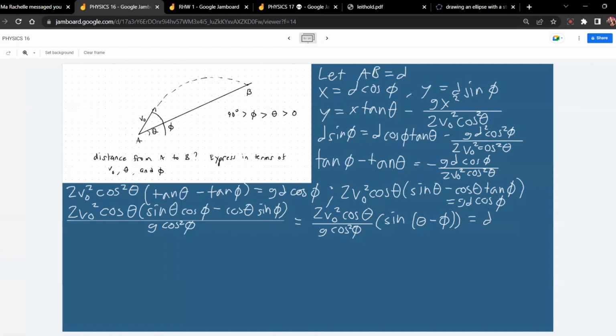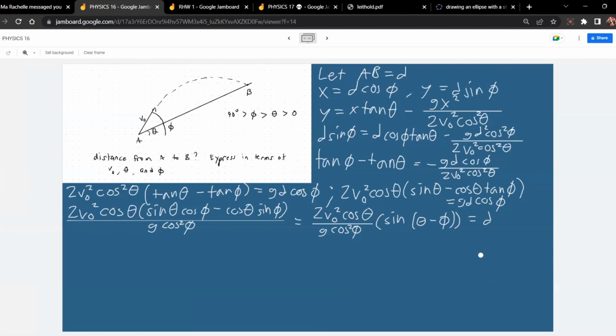Teka, yung algebra talaga yung madugo dito eh. Sisimula ako sa tangent phi minus tangent theta. Tapos para walang ambiguity. Cosine squared theta.